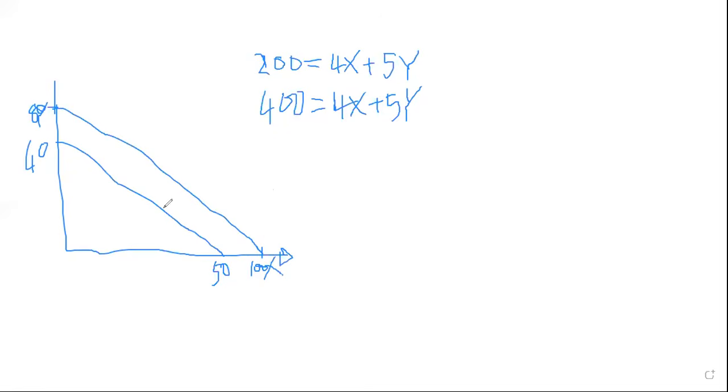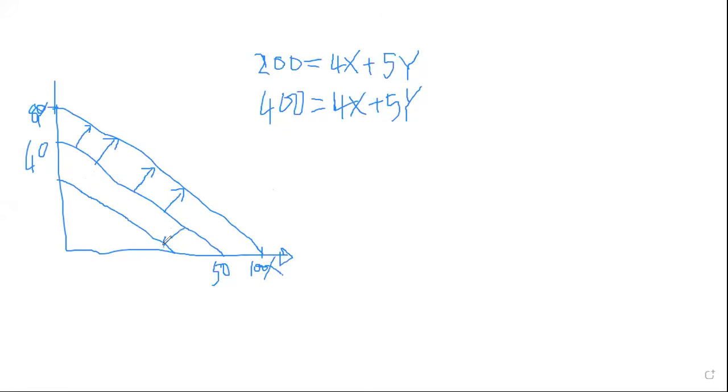So what do we see? We see a parallel shift. This is not a rotation, but a parallel shift of the budget line to the right as a result of an increase in income, right? And if it's a decrease in income, it will be a parallel shift to the left.